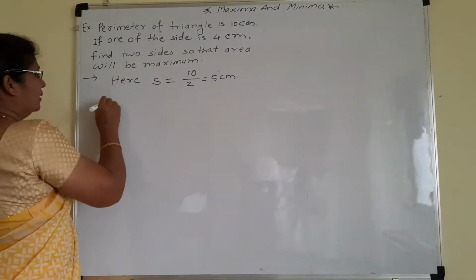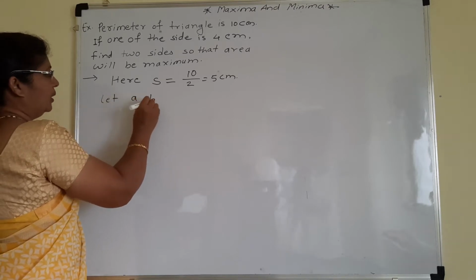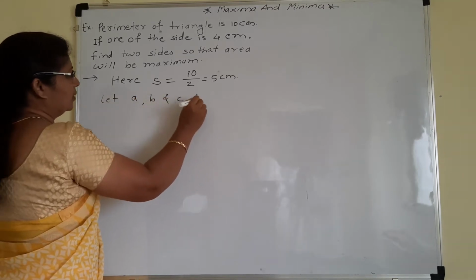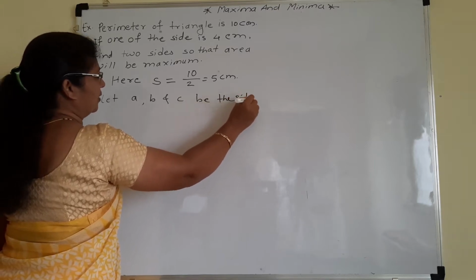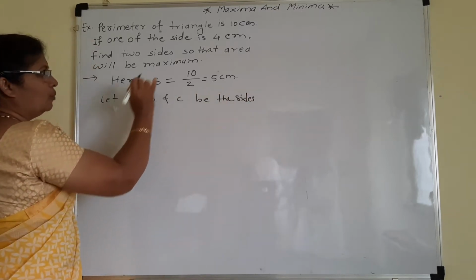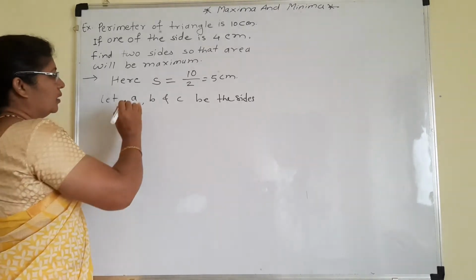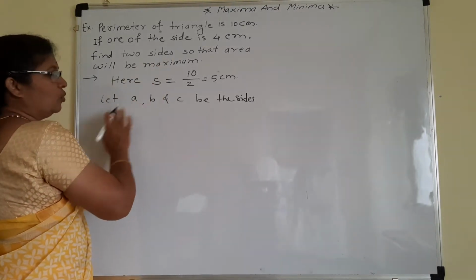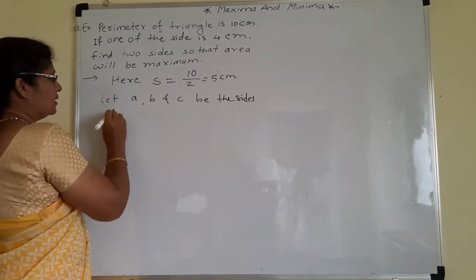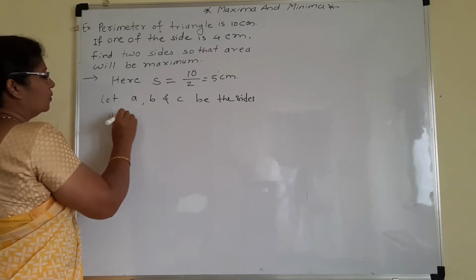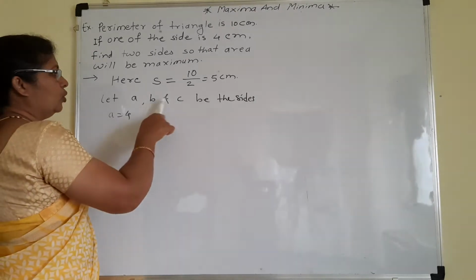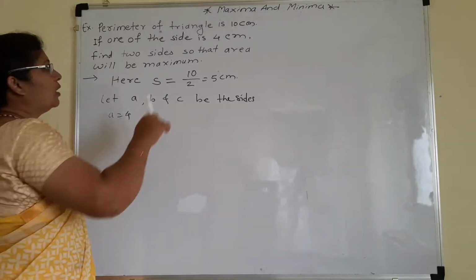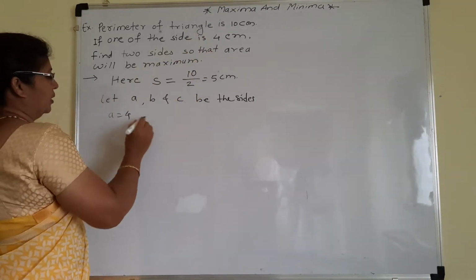So let a, b and c be the sides of the triangle. Let a be equal to 4. One of the sides, and the remaining two sides are b, c.